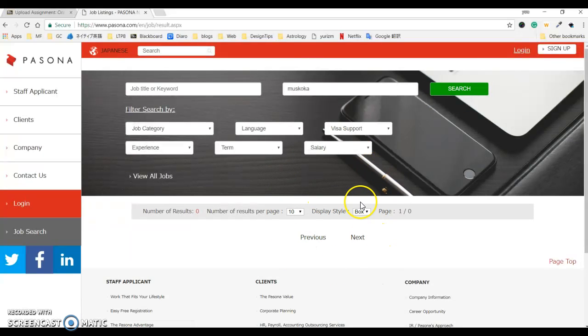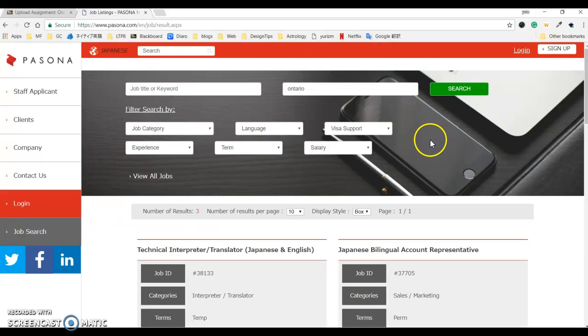There's no result. Or should we enter province name? I think this part should be dropped down.